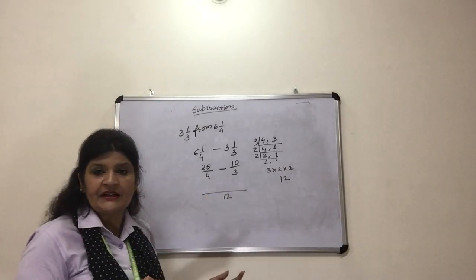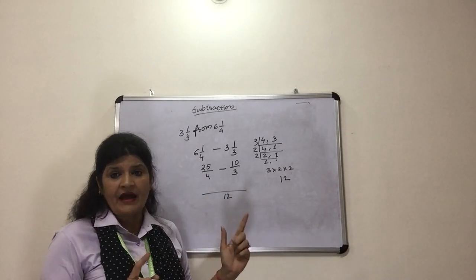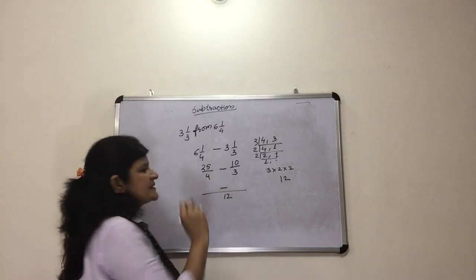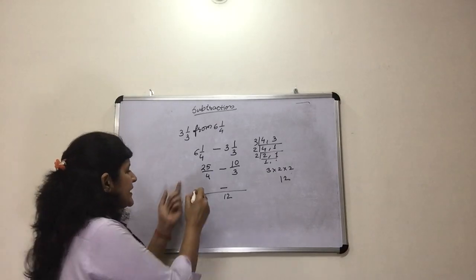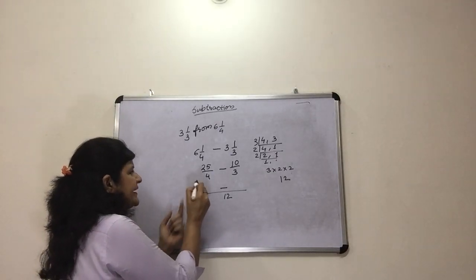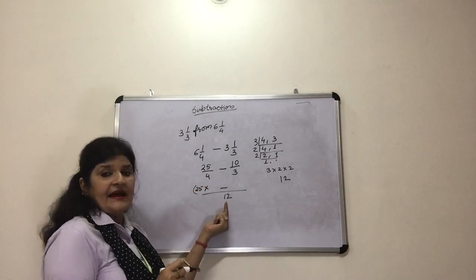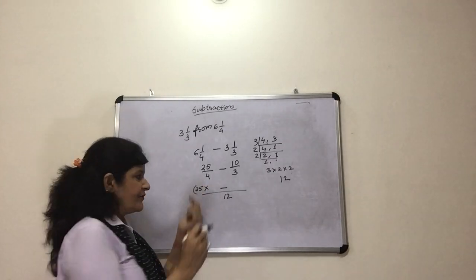Again, the same way I am doing as I have done the addition. Now this is the subtraction sign. Now the numerator will be copied, 25 will be copied. Multiply, we will divide this LCM with this denominator. 4 3s are 12.